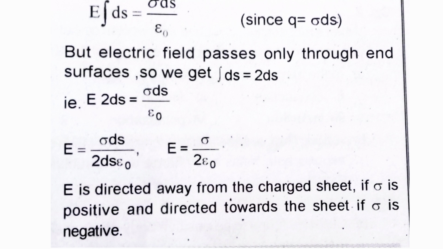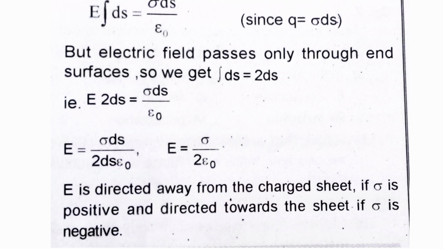We get E into 2 ds, equal to sigma ds by epsilon 0. From that we can rearrange to get E. So E is sigma ds by 2 ds epsilon 0. Here ds and ds get cancelled, and we get E is equal to sigma by 2 epsilon 0.